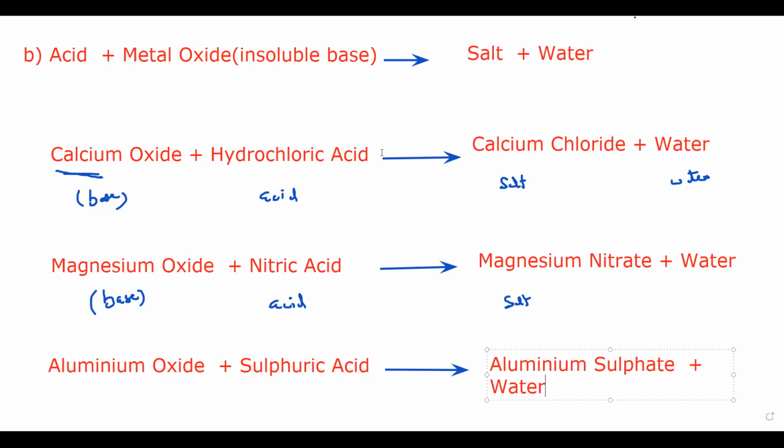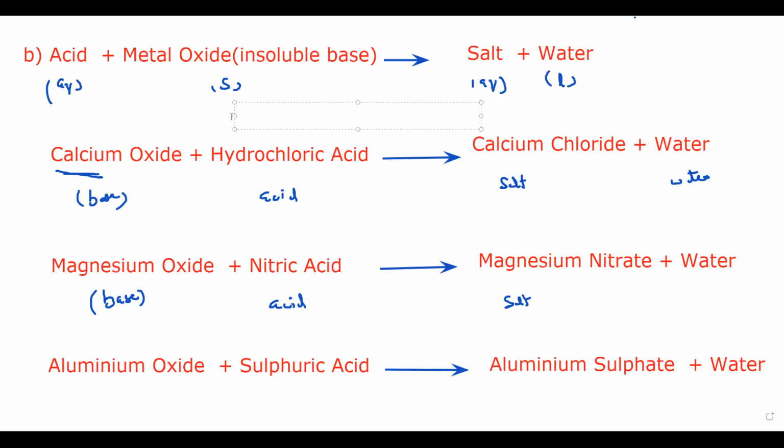And what is the observation? When metal oxide and acid are there, acids are always aqueous, metal oxide is solid, salt will be aqueous, and water is liquid. So the only thing when aqueous or liquid are there, we don't observe them. The only thing what we'll see, that the metal oxide or the solid size will decrease.